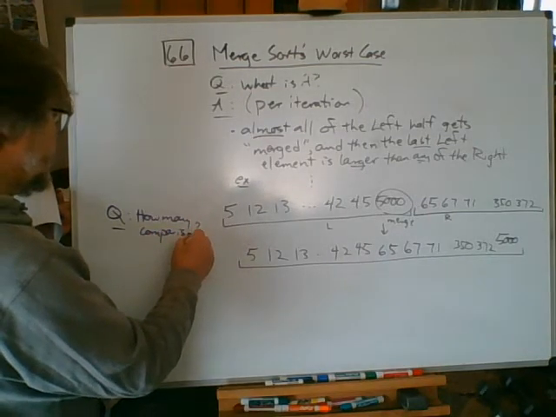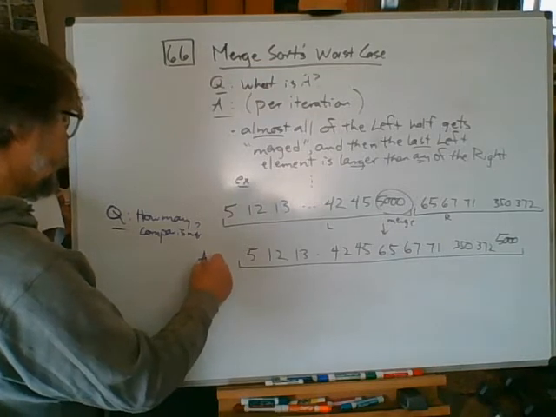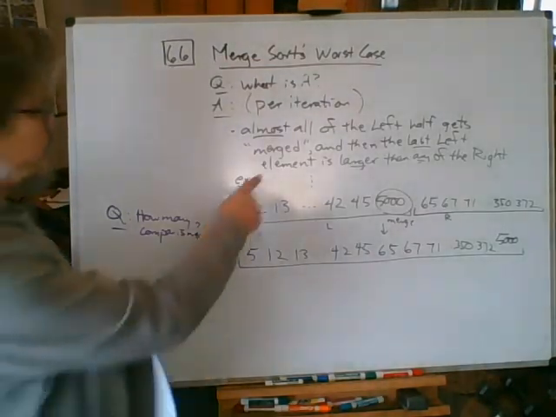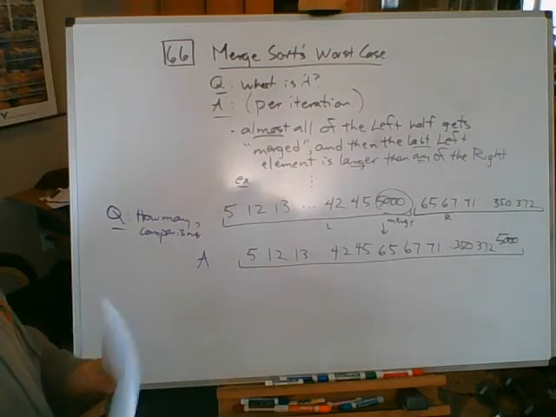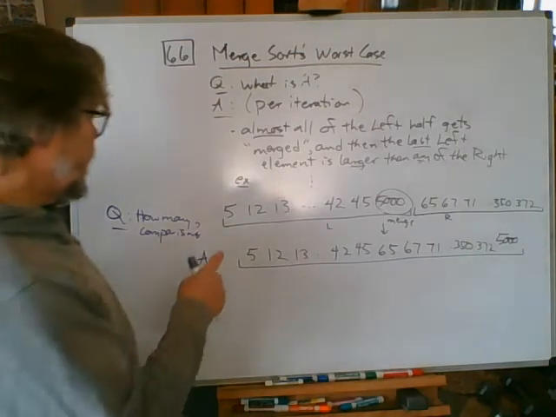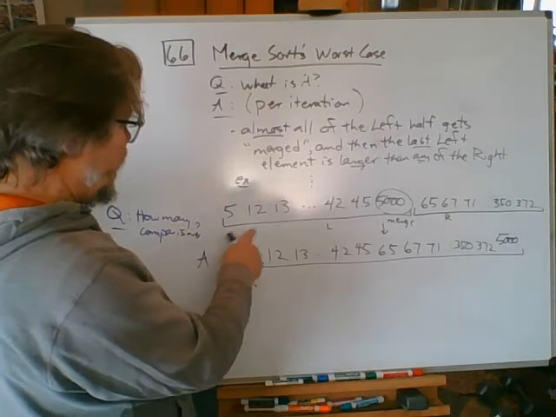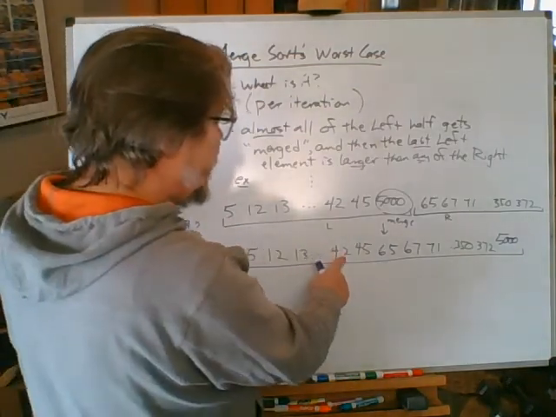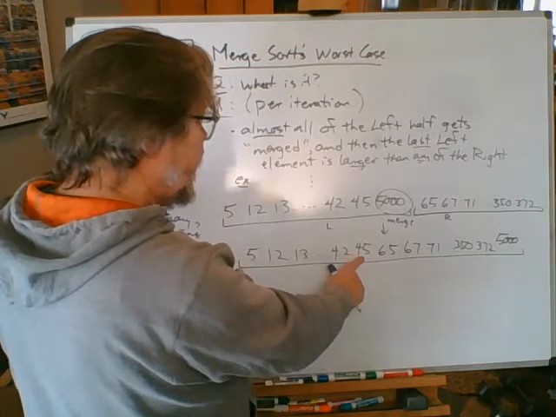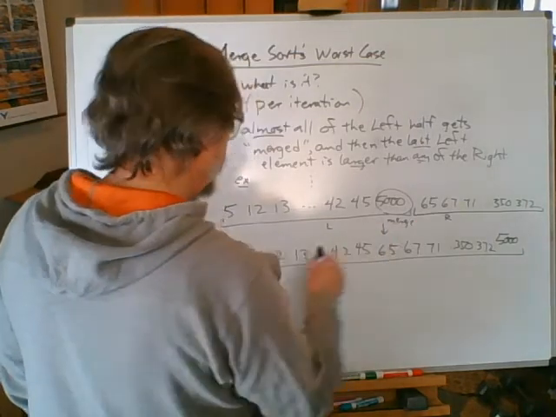And I think I'll just answer it over here in the picture rather than trying to describe it, because that description didn't work out terribly well, did it? Even though it's correct, it just doesn't make any sense. Let's see. Every one of these, 5, 12, 13, up to 45, was compared to 65.